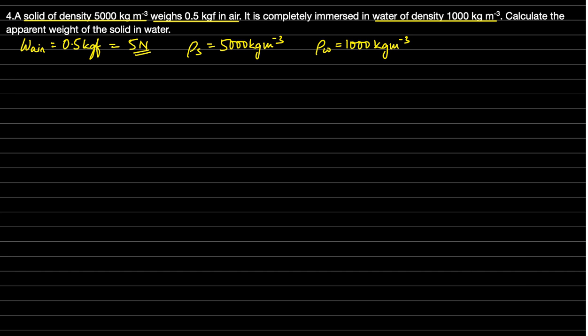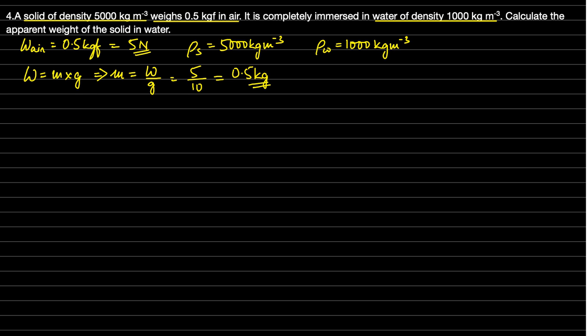We know W is equal to M into G, so mass will be equal to W divided by G. W is 5, divided by G which is 10, so that gives us 0.5 kg. So we have got the mass to be 0.5 kg.